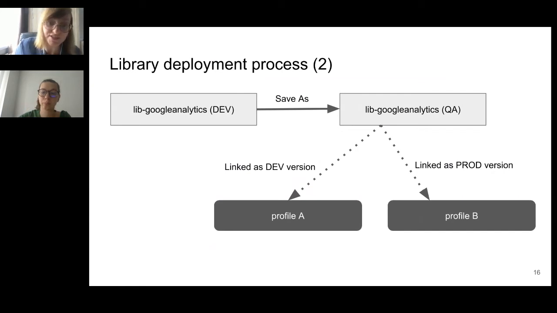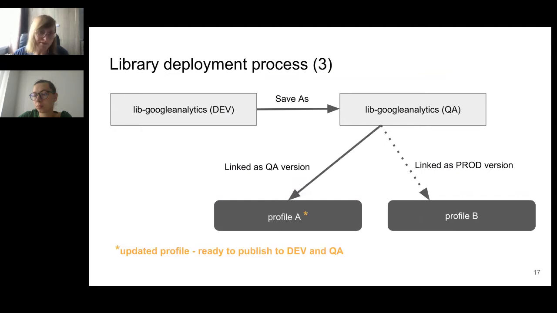Once these changes are tested and ready for QA, I save the library as a QA version. Nothing is happening here because none of these profiles is linked to this version. So I need to link it.